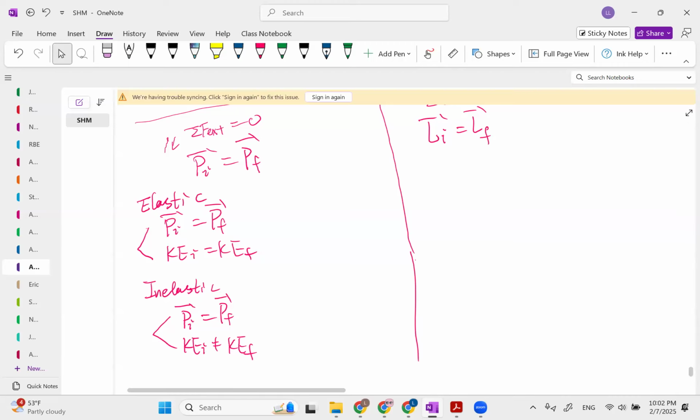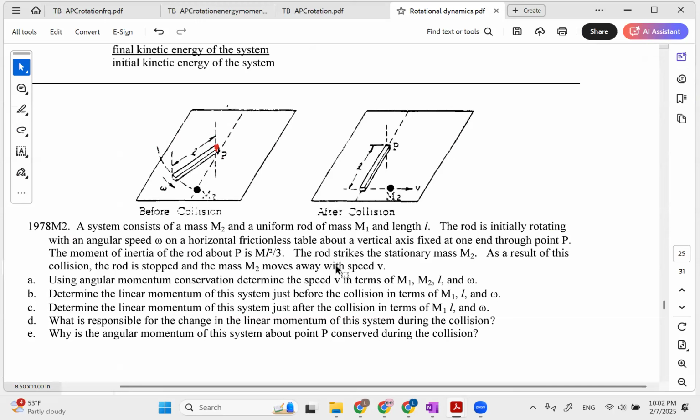Write down everything. So we are going to talk about a few questions here. All right? Look at the question first. Now try to see in this case whether energy is conserved or momentum is conserved.